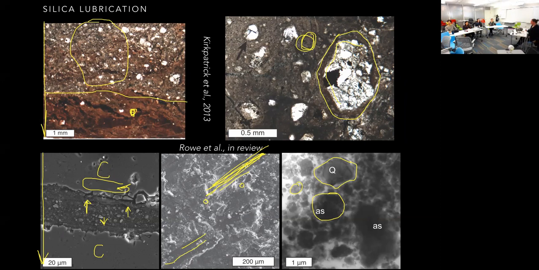So we think what happens in quartz is that the really high stresses at the particle interfaces cause the crystal structure in the quartz to break down and produce this amorphous silica, which basically has no strength. So it's like putting some squishy gumballs in your ball bearings, and then they smear out and squish and roll and create a lubricant for the fault zone, which is kind of cool, and it only happens at high slip velocities.